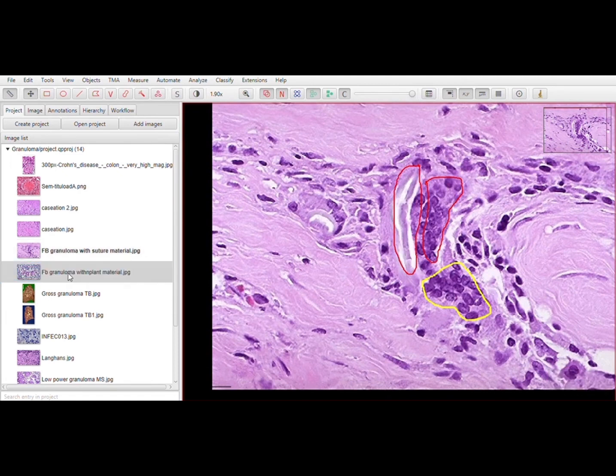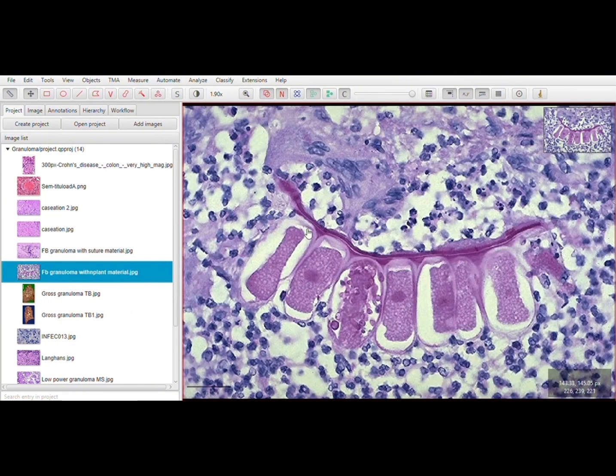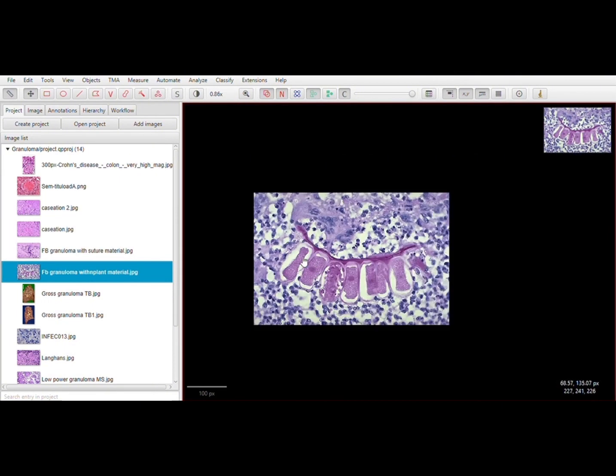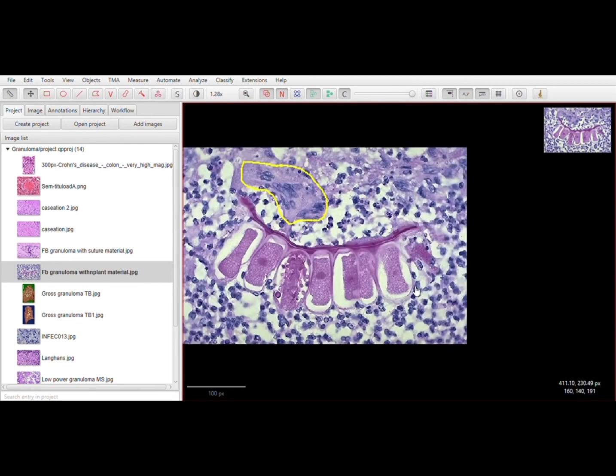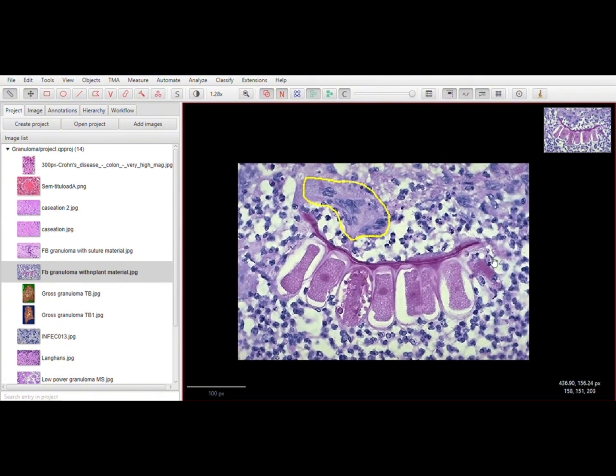Another example of foreign body material is plant material, against which you can see this giant cell forming here, but you can appreciate that these are haphazardly arranged nuclei. You don't find too many epithelioid cells here, but you see a lot of dot-like structures which are lymphocytes against this plant material. So this is a foreign body type of granuloma.